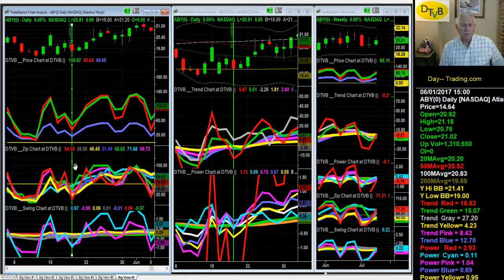It can move huge distances and then end up in the low 80s, and that's not the same move as zip red going from under 5 to over 90. And so you get a strong movement up like that.